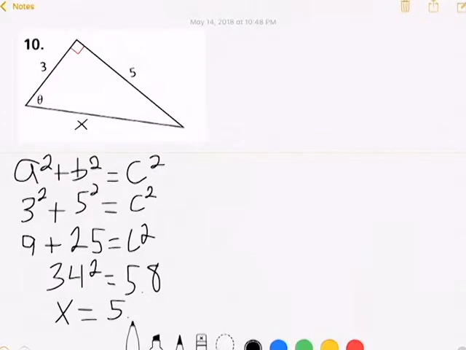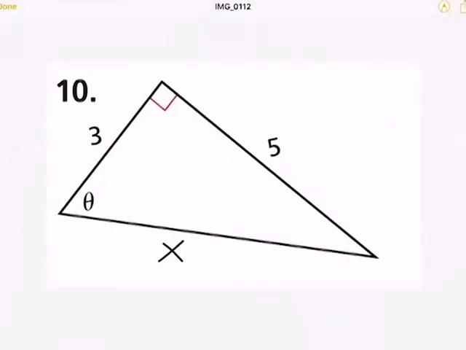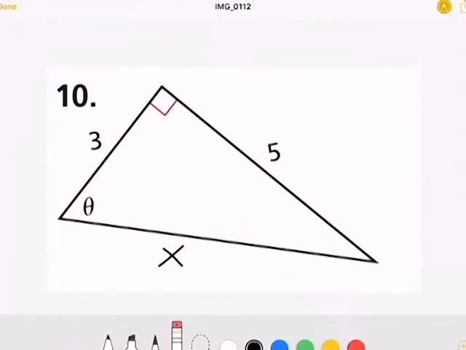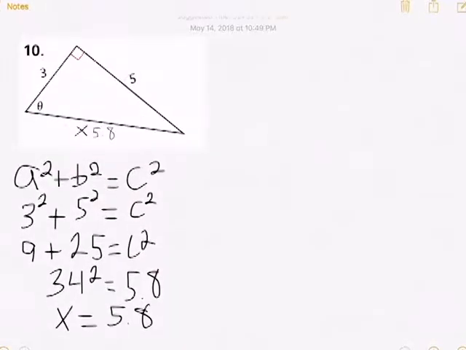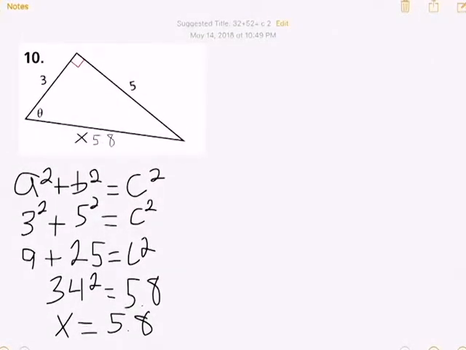So x then equals 5.8. You can go ahead and place on your triangle that x is now 5.8. And now your triangle is complete, and that is the only other side that you need to solve the rest of this triangle.